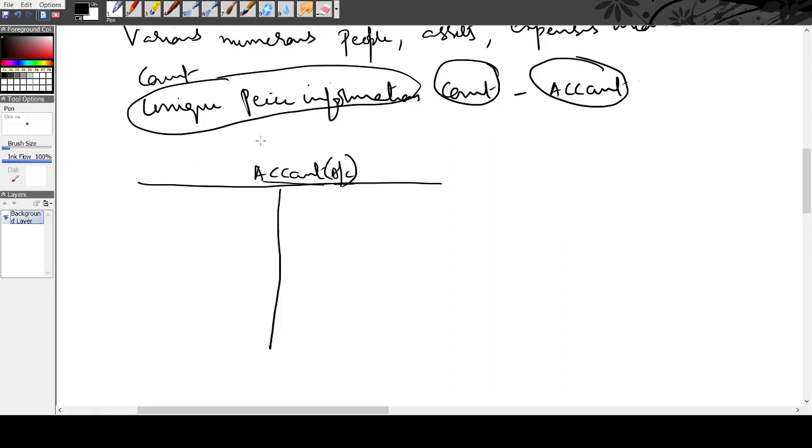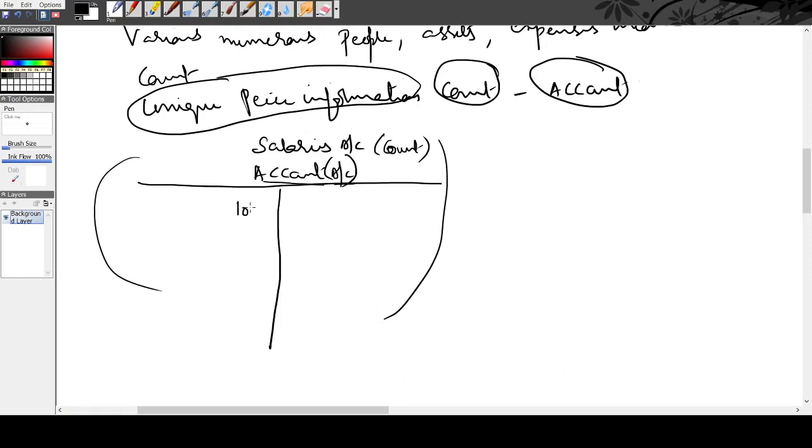Say I'm talking about the salaries account. Now, this piece of paper is used for keeping a count of the salaries. So what are the salaries we have incurred? What is the amount of salaries we have paid during the period? At a particular point of time, we might have paid 1,00,000 rupees.